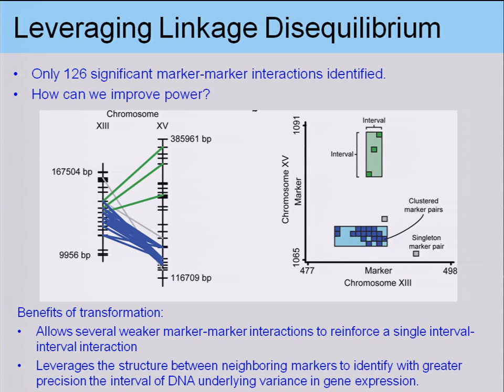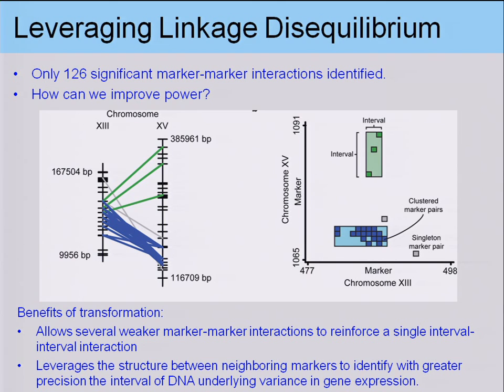Okay, I have this interval here. I'm going to look only at genes that overlap or are contained in this interval. So it lets us move from marker interactions to interval interactions to gene mapping.